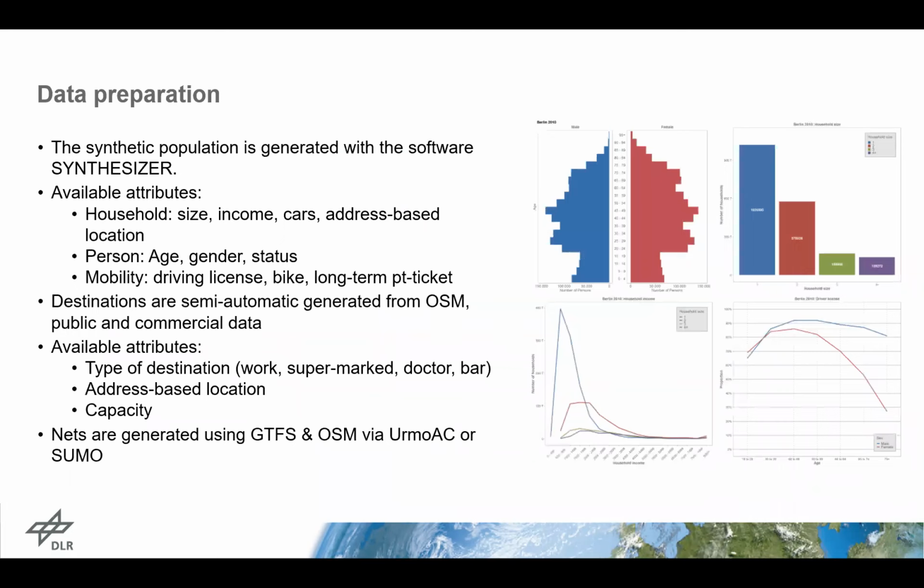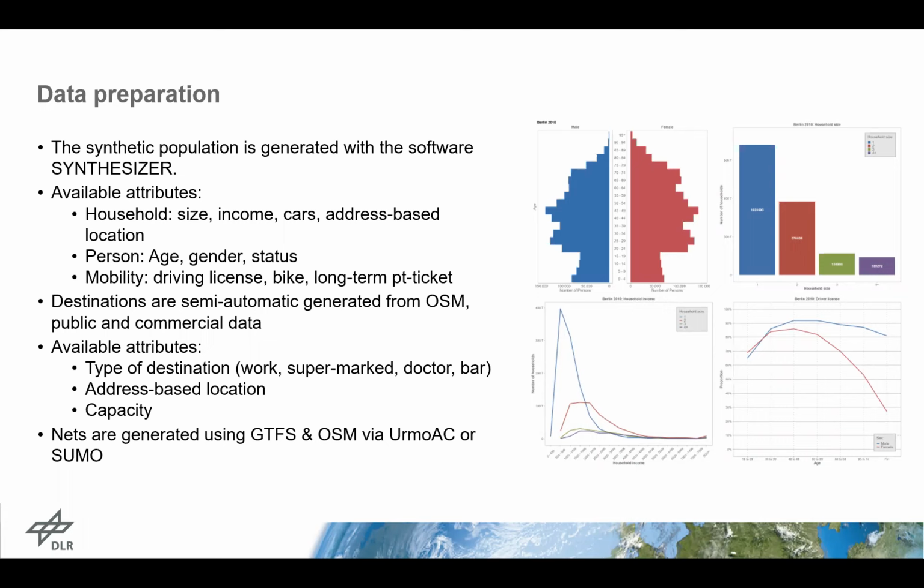So the first thing is data preparation. TAPAS itself is quite hungry for data. The first thing you need is some kind of synthetic population. We usually take census data and try to match other statistics like availability of public transport tickets, age structure, income structure, spatial distribution and all the rest onto this population.